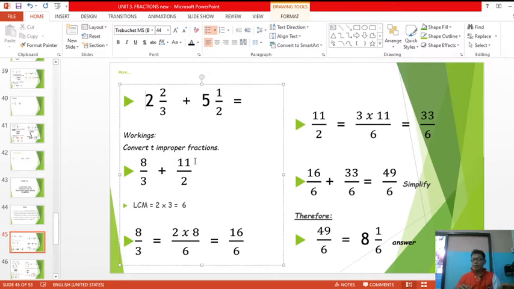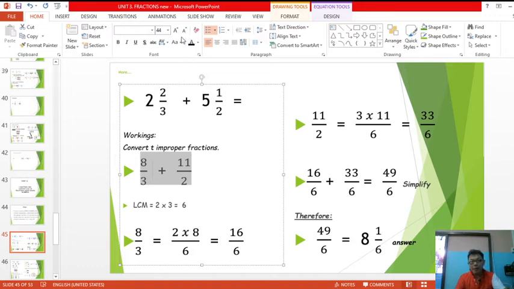You convert these two improper fractions to have a common denominator, and for that you use LCM. Again, all of this was taught to you in previous videos. Let me copy this for a while, because here I just did a shortcut.